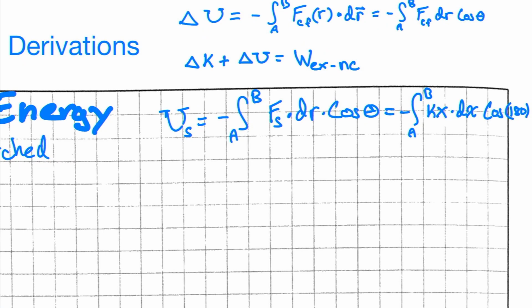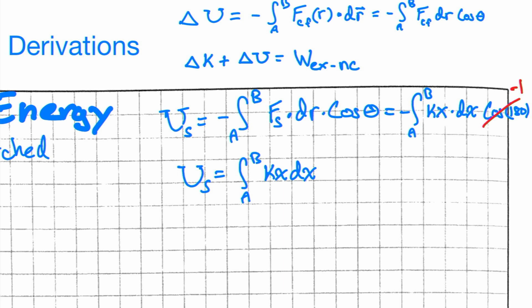So this becomes -1, and that negative will cancel with the negative that we had out in front. So now we get the integral from A to B of kx dx. And remember, the two negatives canceled.